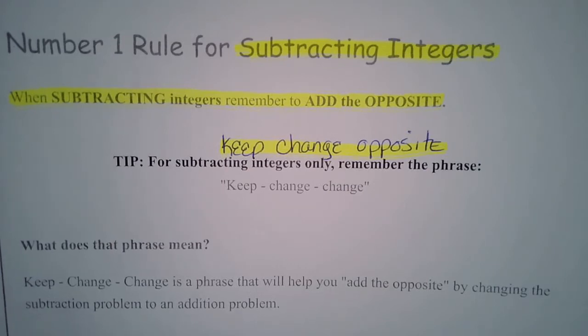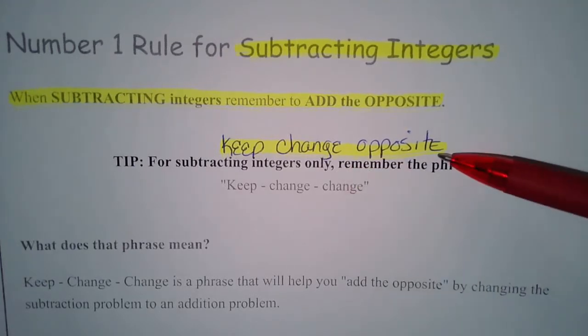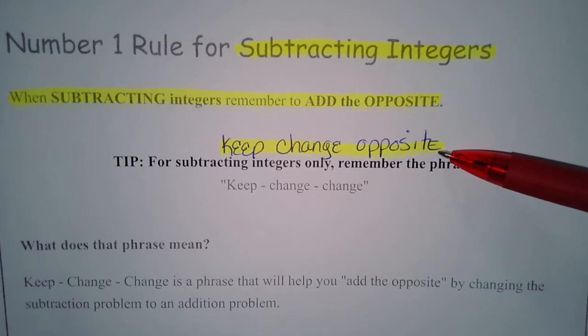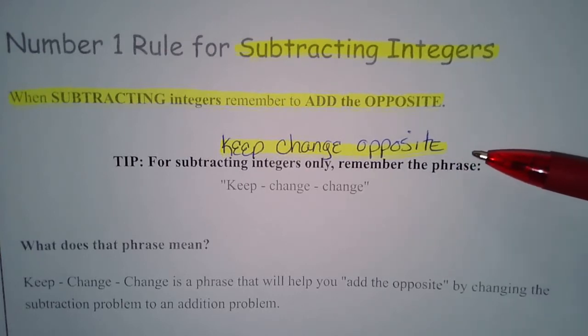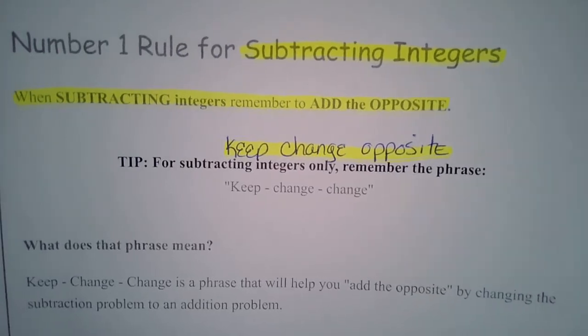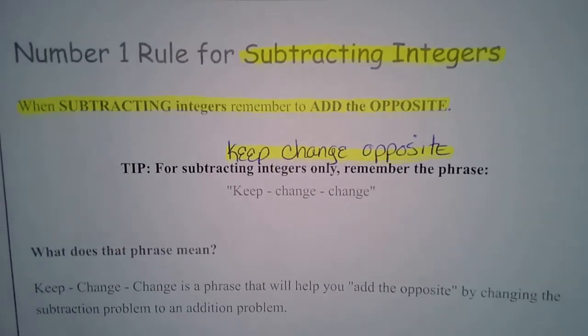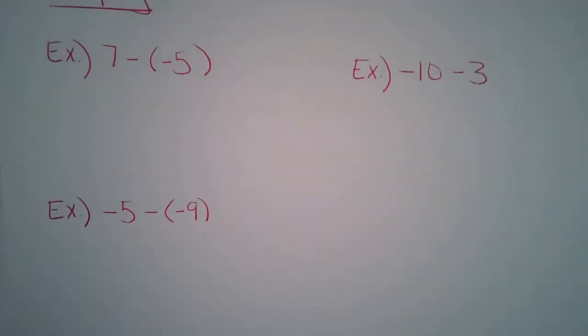They expect for you to keep the first number the same, change your subtraction back to addition, and then take that last integer and switch it to its opposite. Remember, opposite means opposite signs. So for example, if that last number is -7, you're going to change it to its opposite, which would be +7. All right, I'm going to show you some examples so that we can put a visual with this definition to make it make more sense. We're just going to do a few together.